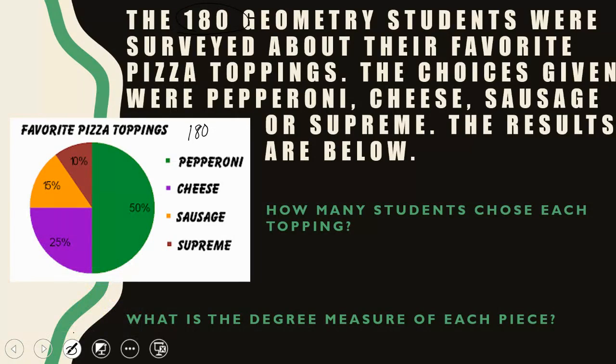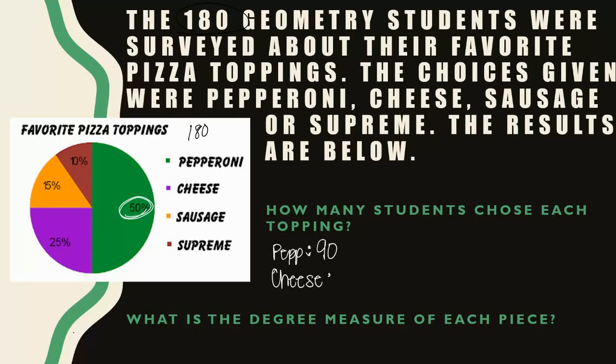If I'm looking at, let's start with pepperoni because that's pretty easy. Out of 180 students, 50% chose pepperoni. 50%, remember, is half. Half of 180 would be 90. So 90 students chose pepperoni. Now, looking at cheese, how many chose cheese? 25% of the 180 students.